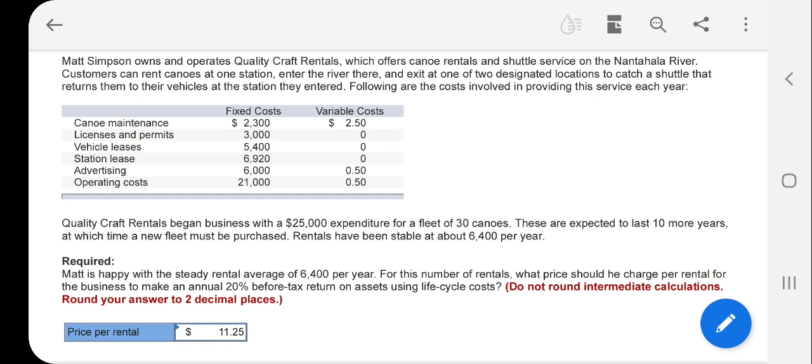So 20% return on asset. Remember I told you the business started with $25,000 asset. So the business wants profit to be 20% on that asset. So 20% times 25,000 is equal to 5,000 profit. So that is the thing.